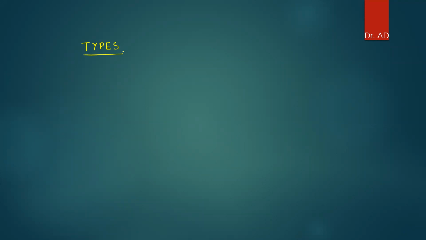There are several types of vaccines which are conventionally used. They are natural live vaccines, then inactivated vaccines, live attenuated vaccine, toxoids. Many are there. We'll discuss each one.